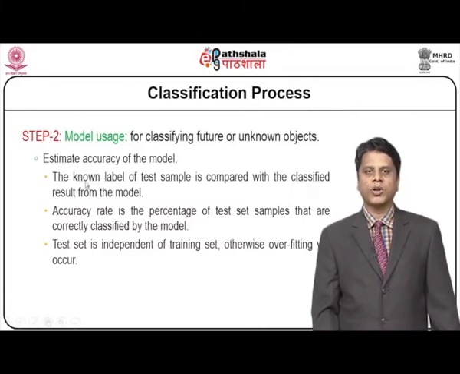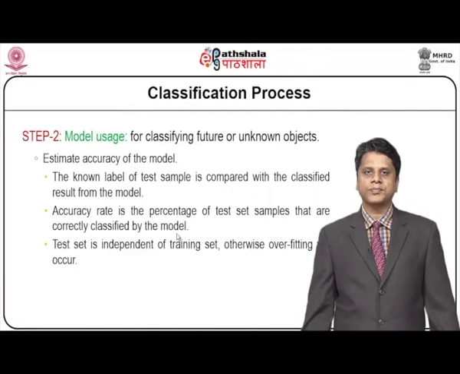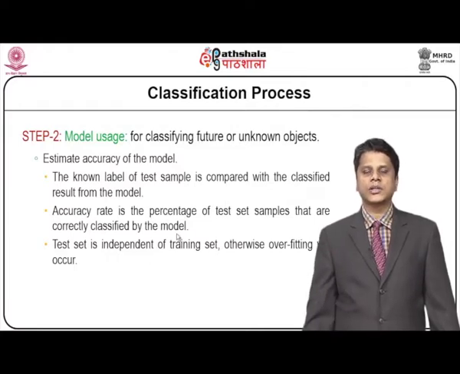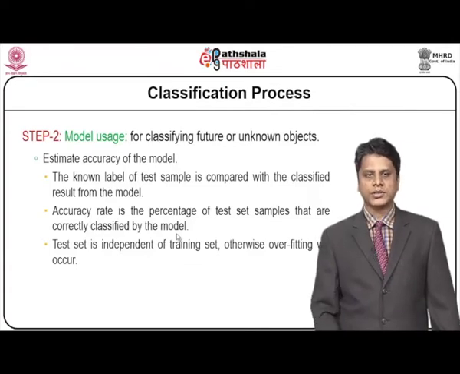So, the known label of the test sample is compared with the classified result from the model, and the accuracy rate is the percentage of test samples that are correctly classified by the model. So, how many of the values of the test set are identified to be correct in connection with the previously existing training values determines the accuracy of the classification process.